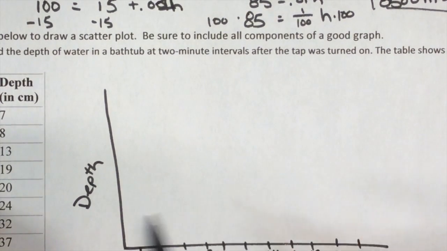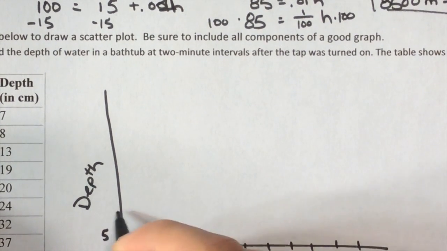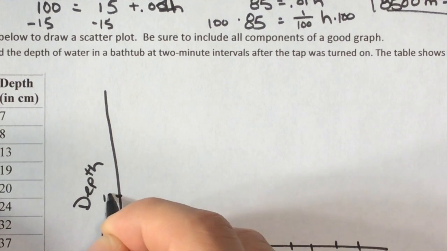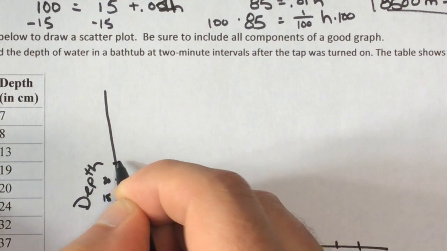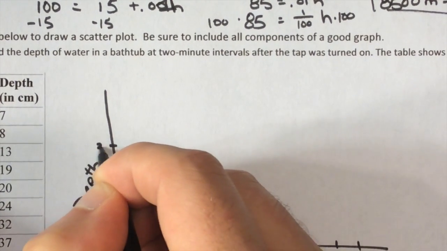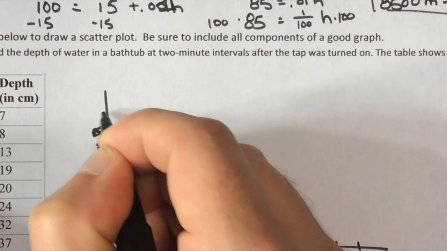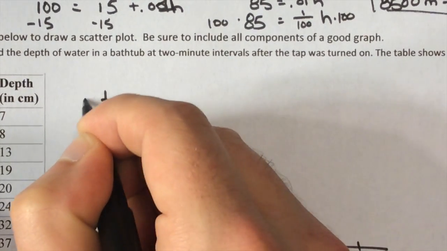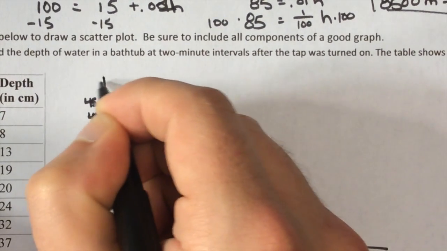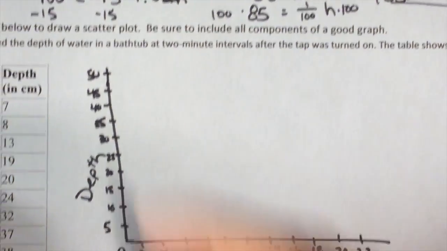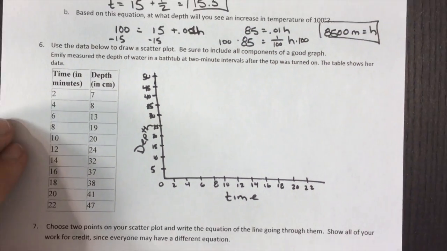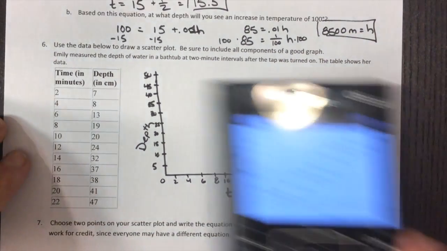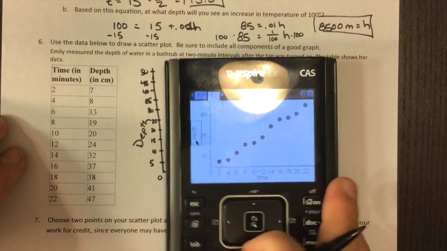And if I wanted to do my y's, I could probably do it 5, so 5, 10, 15, 20, 25, 30, 35, 40, 45, 50. Okay, so then here's my scatter plot, which I'm going to basically replicate here.